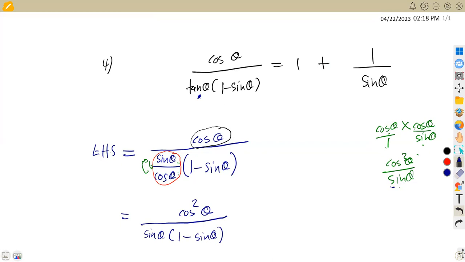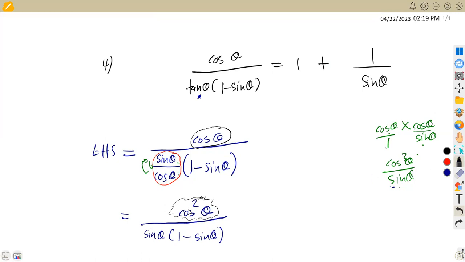Okay, what is happening? What can we do in this case? If we are to check here, we have 1 minus sine theta, we have sine theta. It's only from the numerator where we are having cos. What if we can get rid of this cos? Because we saw that last time we got rid of sine squared.